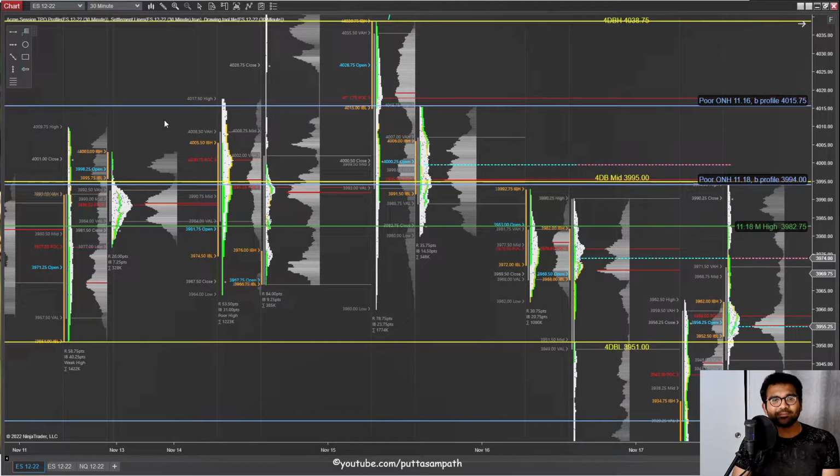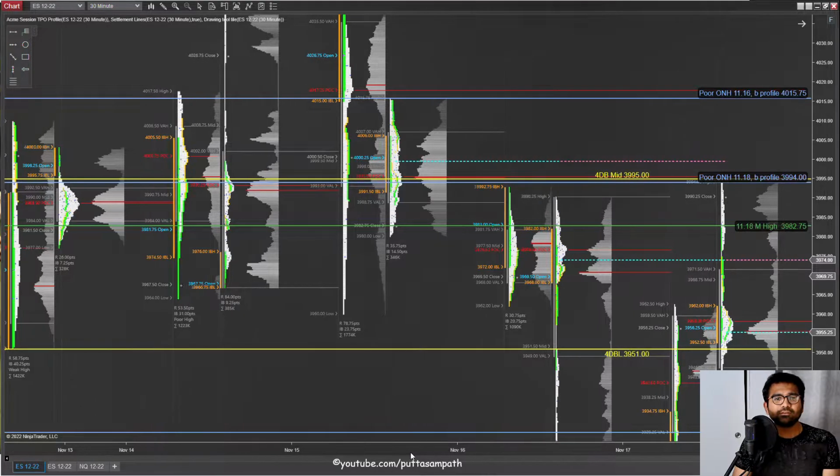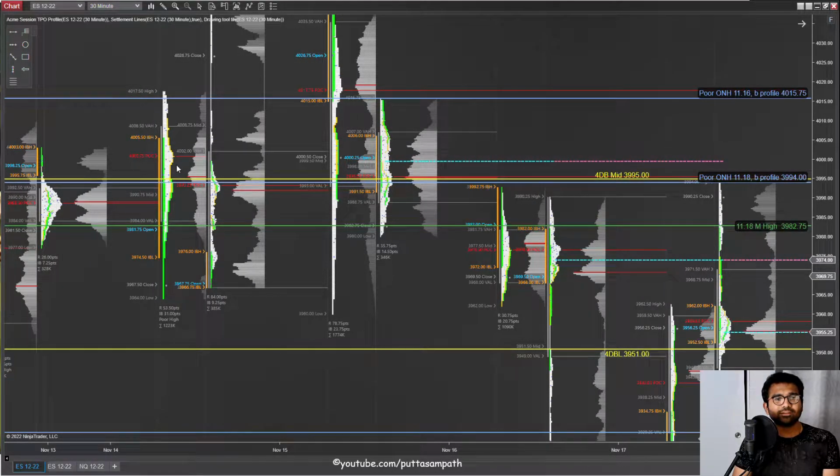We had opened with the gap up because we got a short squeeze essentially after breaking this poor high on Monday, a poor high of Monday. And then where did we close? So we had closed within Friday's range, which is within Monday's range.